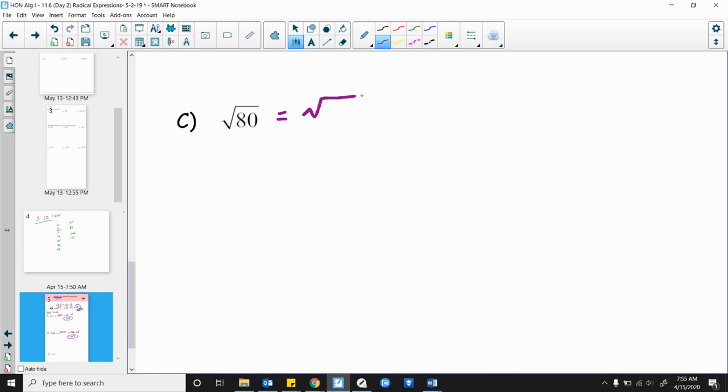So the square root of 80 equals square root of 4 times 20. If I break that up, that's going to be square root of 4 times the square root of 20. Now, if I simplify, that becomes 2 square root of 20.